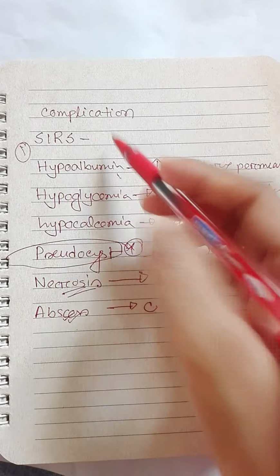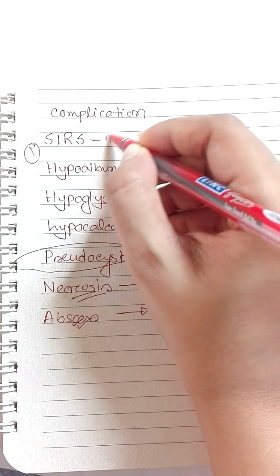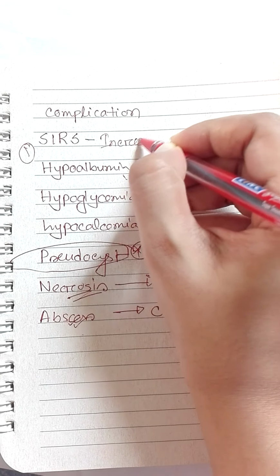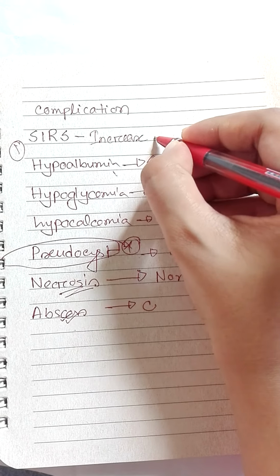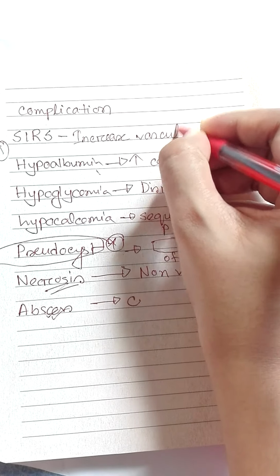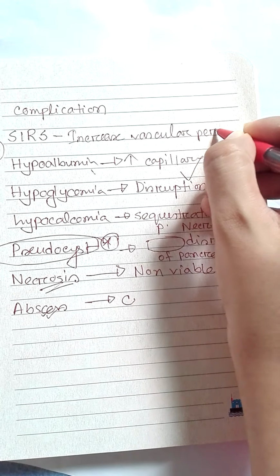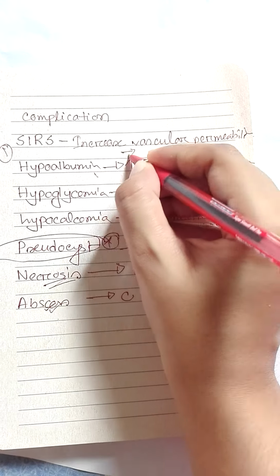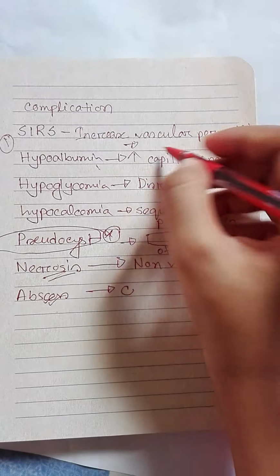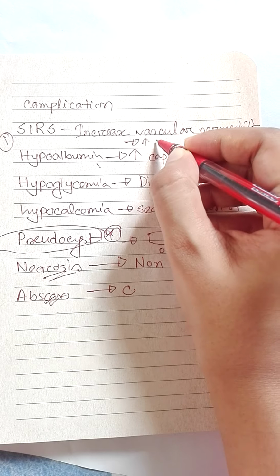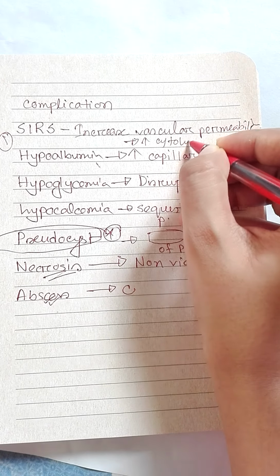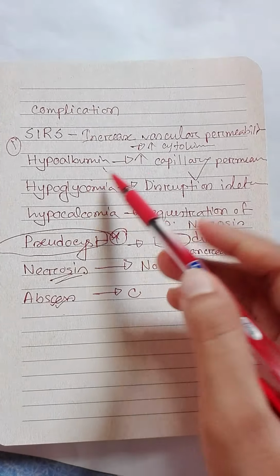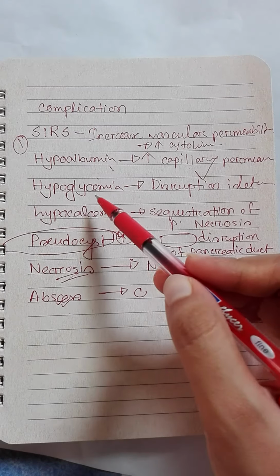Systemic inflammatory response syndrome is because of increased vascular permeability, and this vascular permeability increases secretion of cytokines. Then hypoalbuminemia, because of increased capillary permeability.